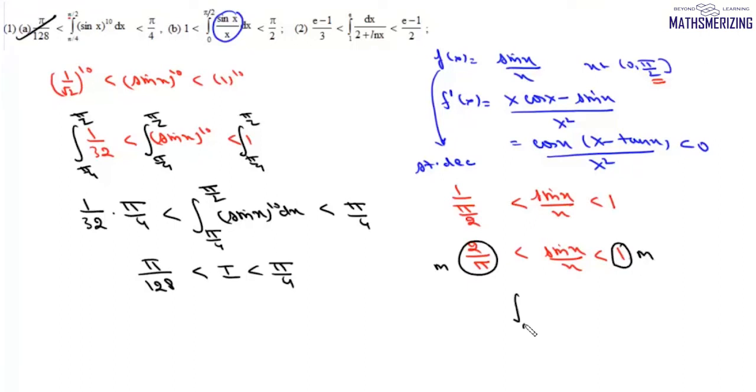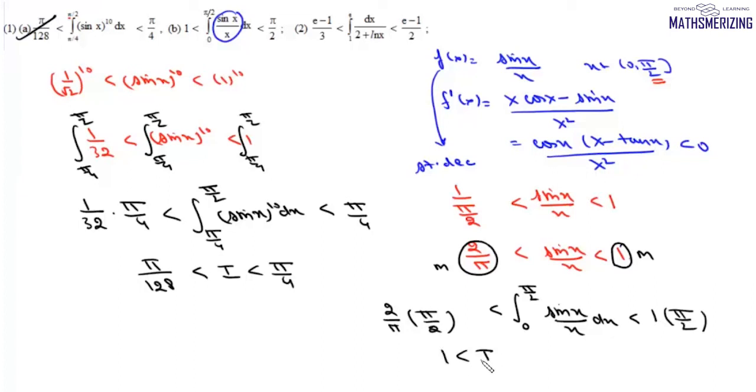Then the value of this integral from 0 to pi by 2 of sin x upon x dx will be greater than m, which is 2 upon pi, into b minus a, which is pi by 2, and it'll be less than capital M into b minus a. So the value of this integral will always lie between 1 and pi by 2, and that's your second question.